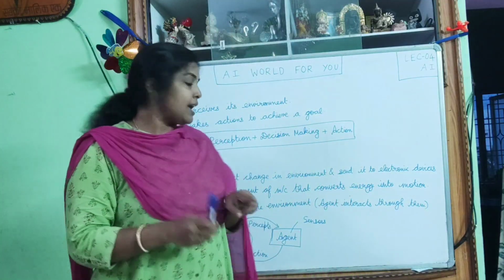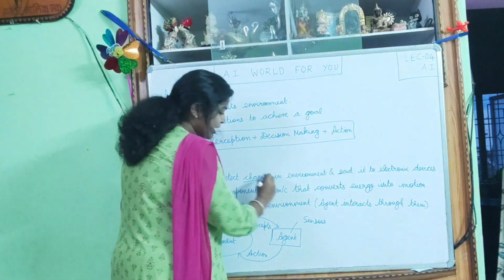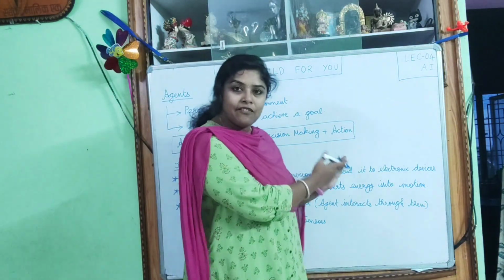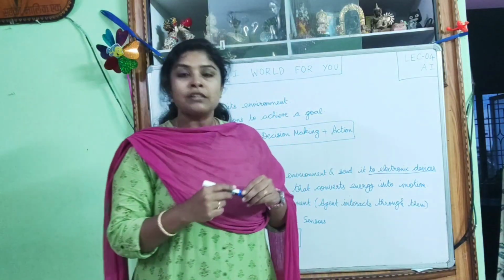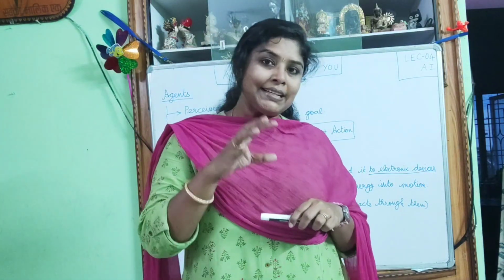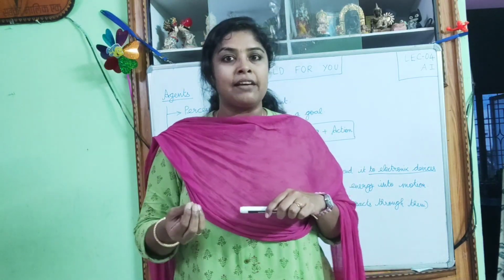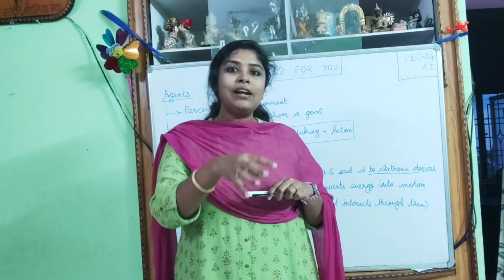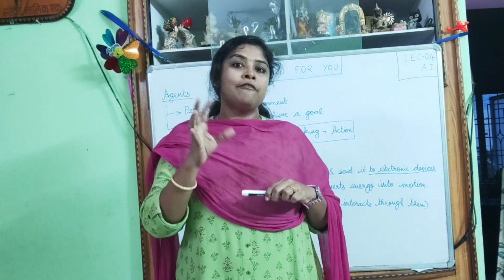So what will a sensor do? It will detect a change in the environment and it will send this information to other electronic devices. So my sensor is going to detect any changes. It could be humidity, it could be pressure levels, or it could be any other sensor which is installed in the machine in order to observe some values.